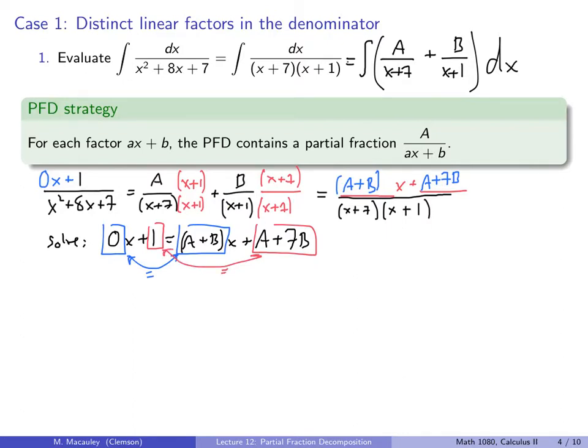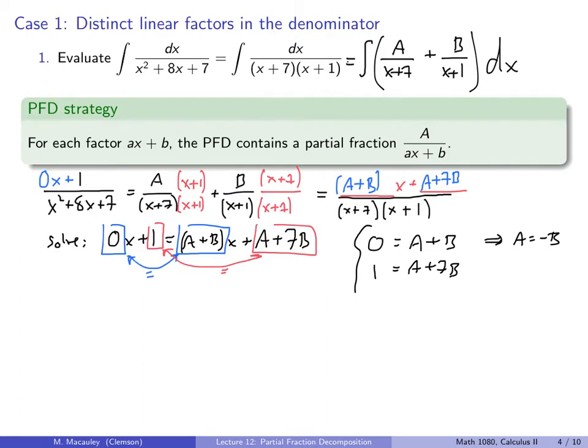This gives us a system of equations: 0 equals a plus b, and 1 equals a plus 7b. So let's solve this. This first equation tells us that a equals negative b.